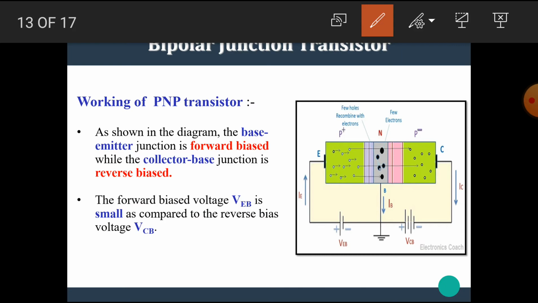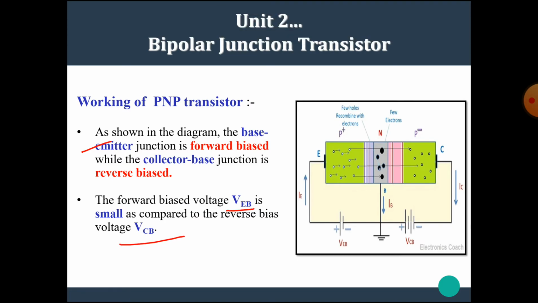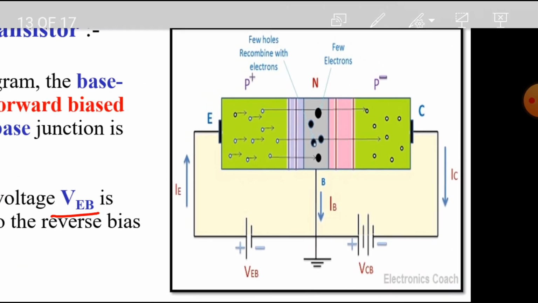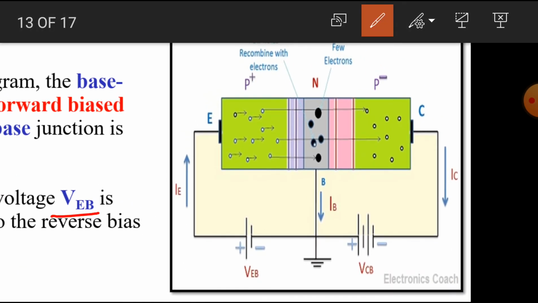As shown in the diagram, the base-emitter junction is forward biased while the collector-base junction is reverse biased. The forward bias voltage VEB is small as compared to the reverse bias voltage VCB. That means in this diagram also the base-emitter junction is forward biased: P-type is connected to the positive terminal of the battery and N-type is connected to the negative terminal.